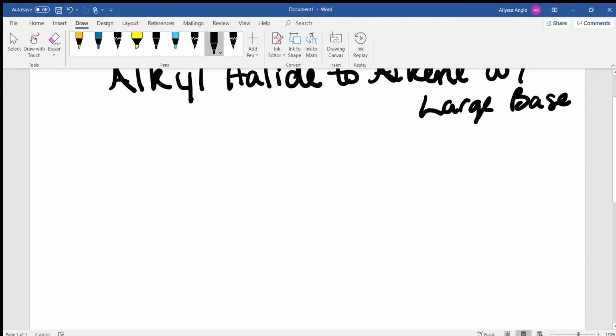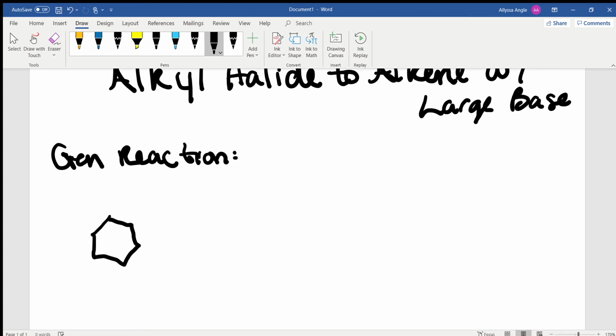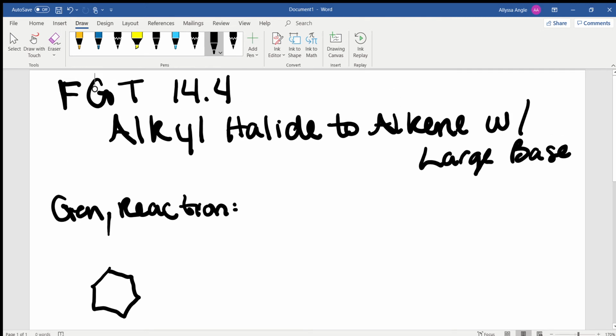And the general reaction here is we're going to have a cyclohexane with a CH2I coming off of there.